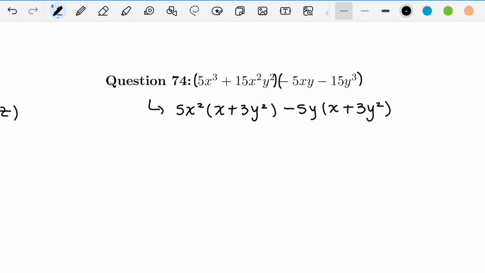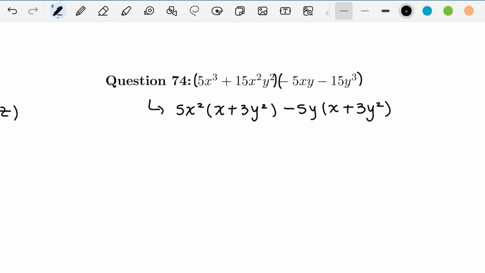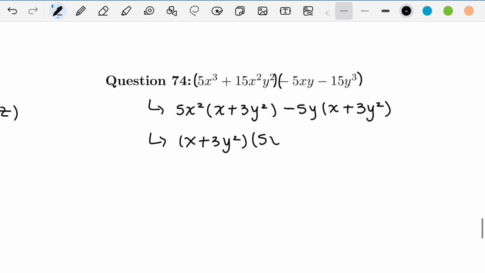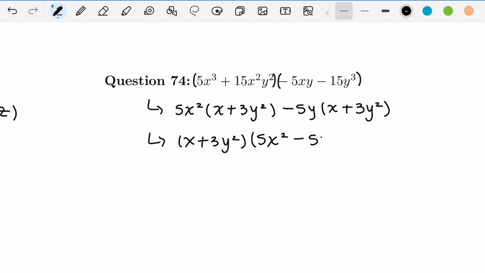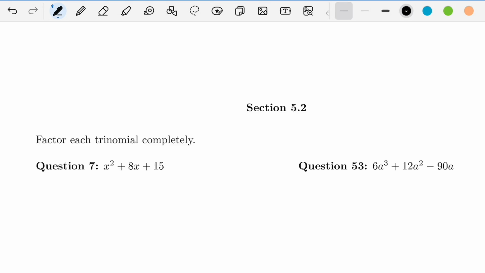So again, we see that both of the resulting terms share a common factor of x plus 3y squared, so we're going to pull that guy out. Doing so, for our first term we're just left with the 5x squared, and for our second term we're just left with the 5y. So this would be how we factor this guy here.